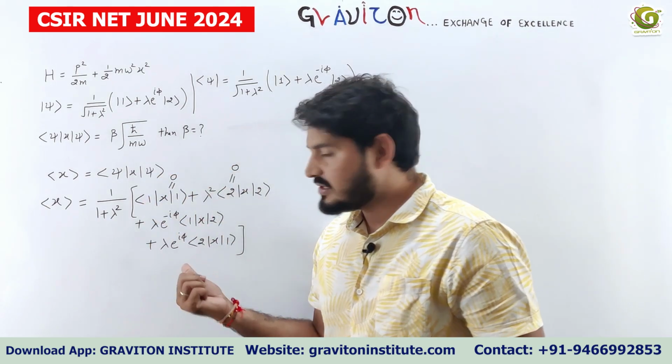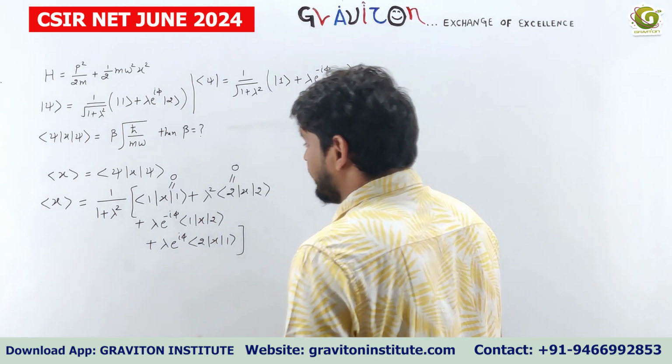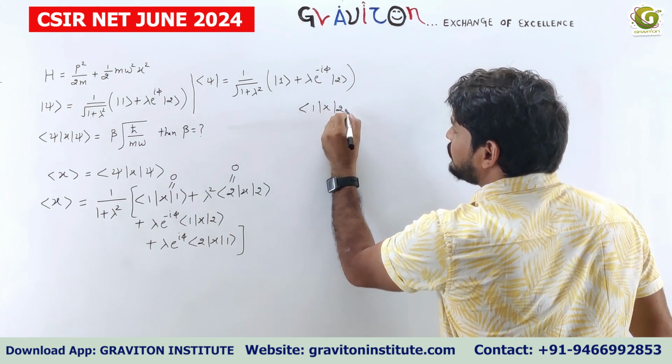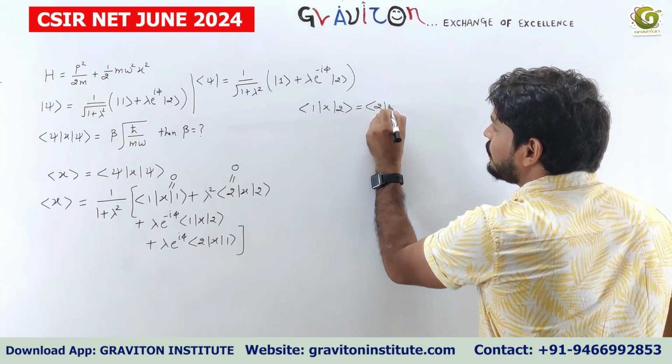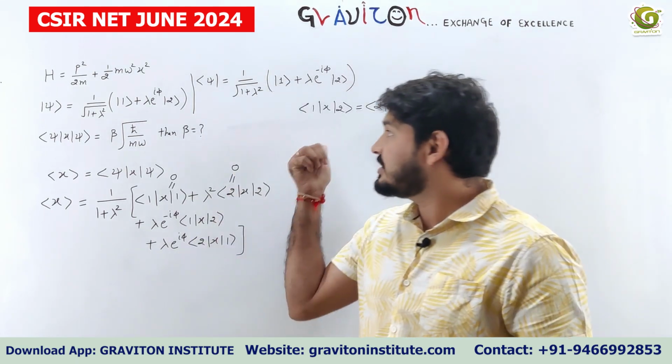Now what about these? One more thing that I will put: 1x2 is exactly equal to 2x1. Now you can ask why is it so?